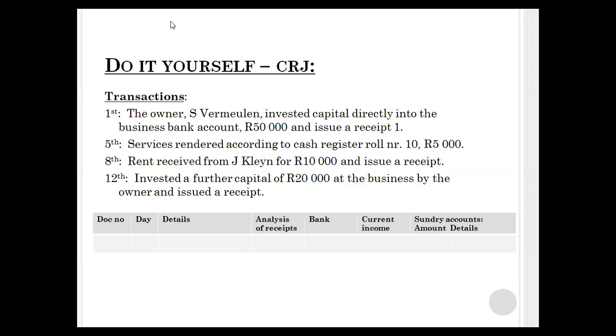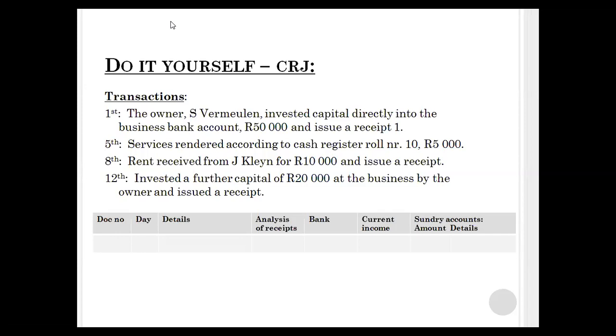Right, on the 5th: services rendered according to cash register roll number 10, 5,000 Rand. So your document number is going to be cash register roll number 10, CRR 10, on the 5th. With details, there's no name, so what do you do then?